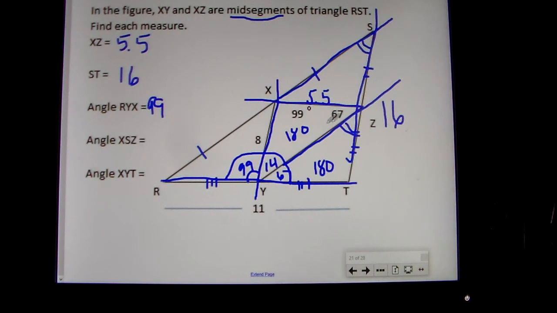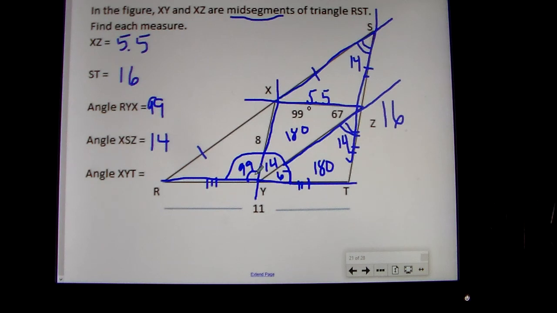You know by alternate interior angles that this angle up here is also 14 degrees, because if we use this as the transversal as before, that means this guy and this guy are 14. And then by corresponding angles, you know that this angle up here is also 14. So this one's 14.